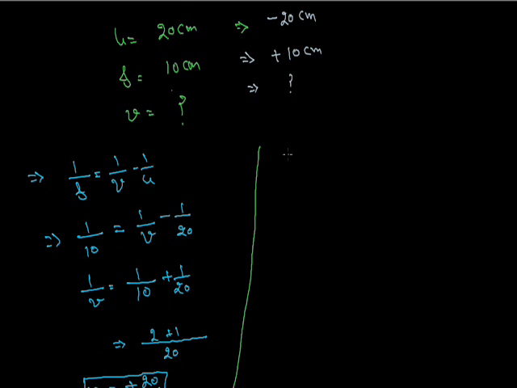Now put the values in our formula 1 by f is equal to 1 by v minus 1 by u. We get 1 by 10 is equal to 1 by v minus 1 by minus 20.